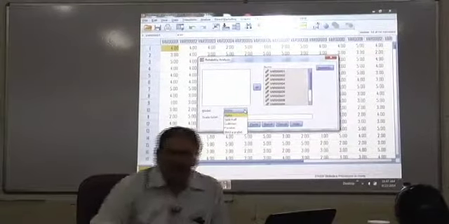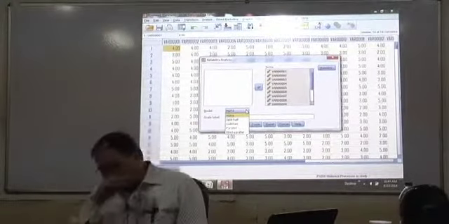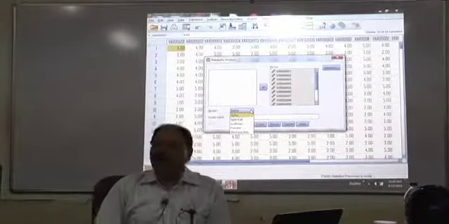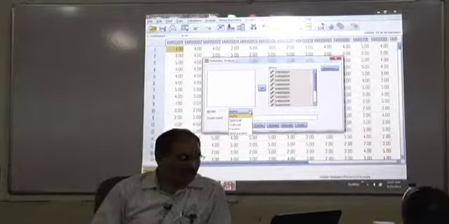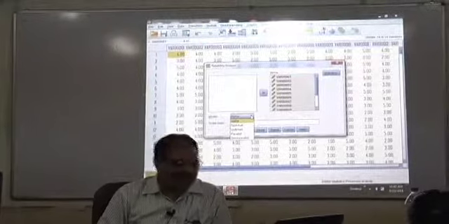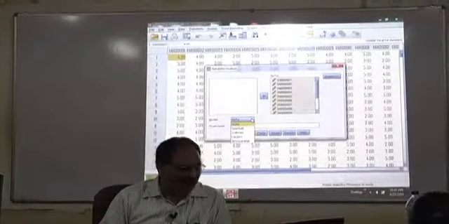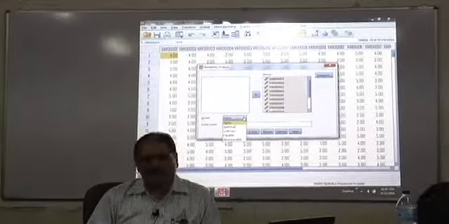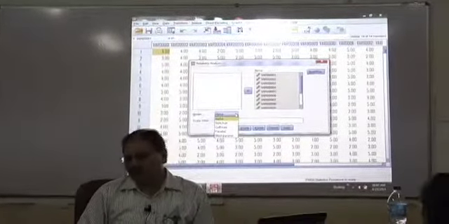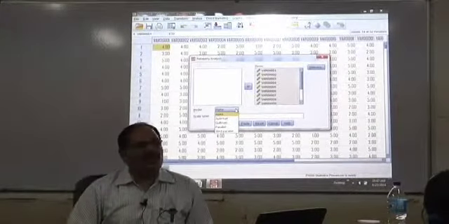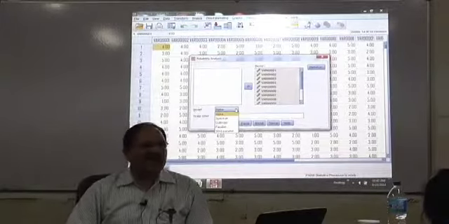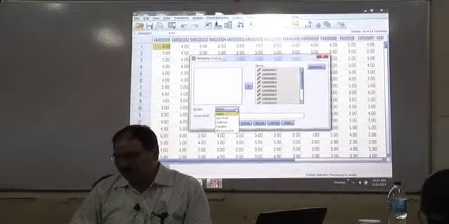Now, there are a number of reliability models that you can select. Alpha is Cronbach's alpha. Then split half is there, Guttman, parallel and strict parallel. Okay, we will be starting with Cronbach's alpha. Cronbach's alpha is one of the most popular internal consistency reliability measures.